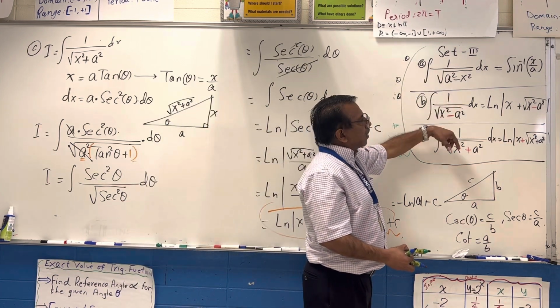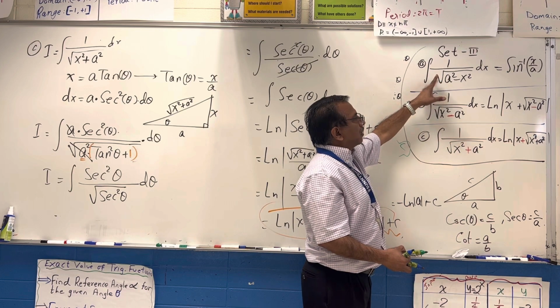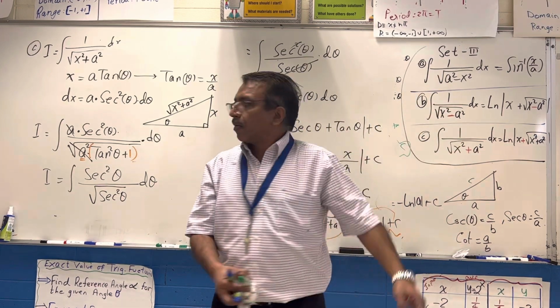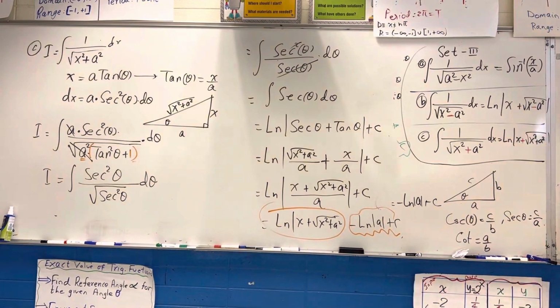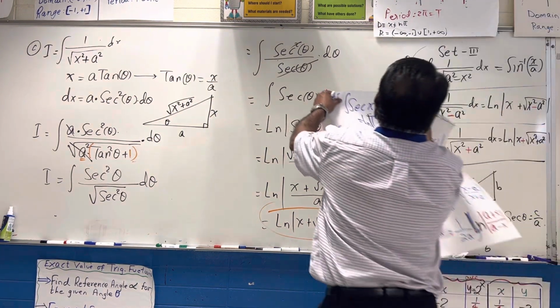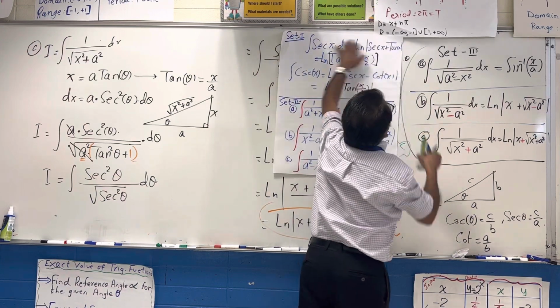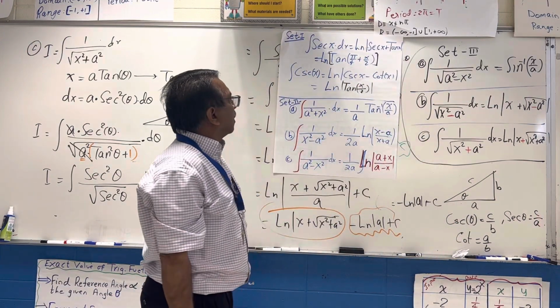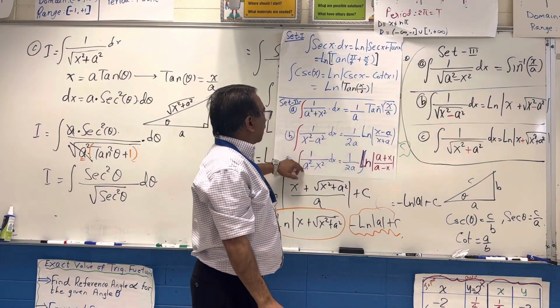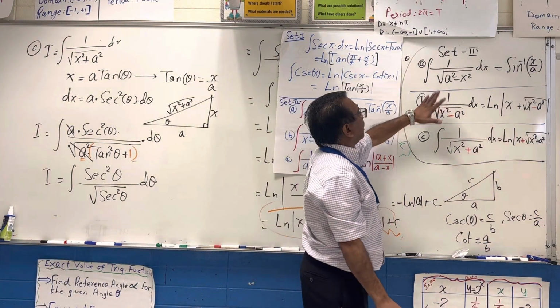Look at this. The earlier ones were without a radical. So this integral, the setup is the same. If you see, this one doesn't have a radical sign. This one has a radical. Almost the same thing.